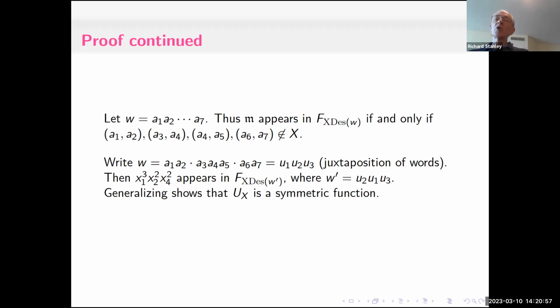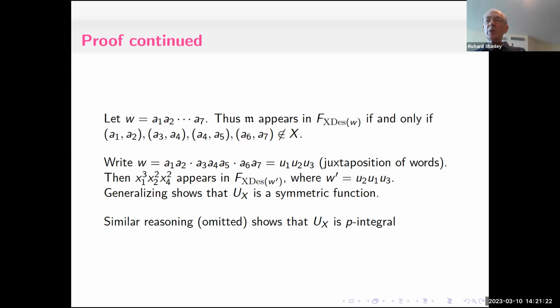Well, this pairs off a term in an Fs where x1 squared, x2 cubed, x4 squared appears, with what you get when we reverse 1 and 2. And if we generalize this argument, you see that Ux is a symmetric function. That's the idea.